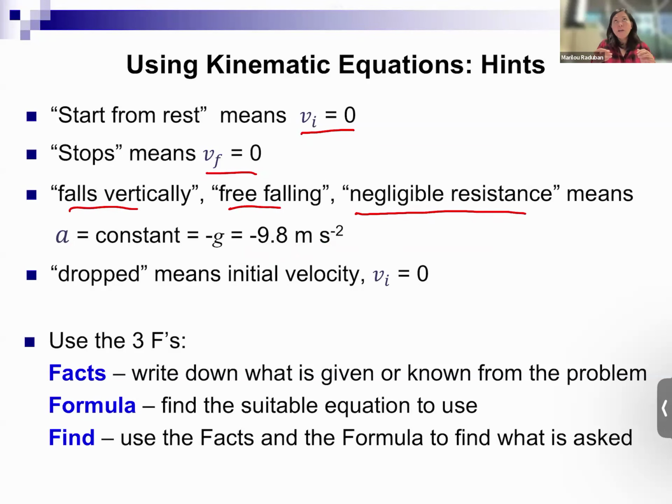Often we will not explicitly say that, but you will often read in the problem something like the object falls vertically downwards, assume negligible resistance, in which case you should know that the acceleration is negative 9.8 meters per second squared, which is called the gravitational acceleration g. And we'll talk more about the gravitational acceleration g in the next slide.